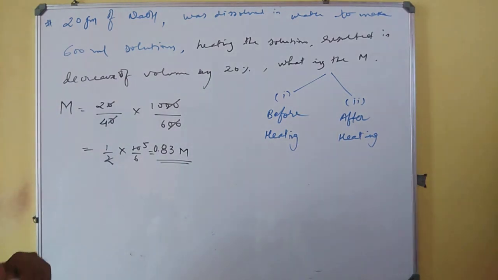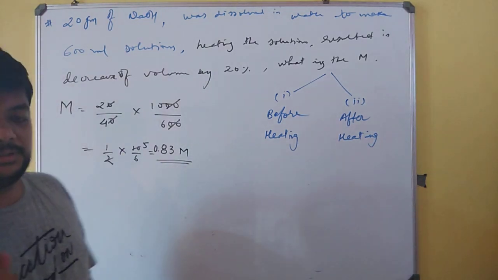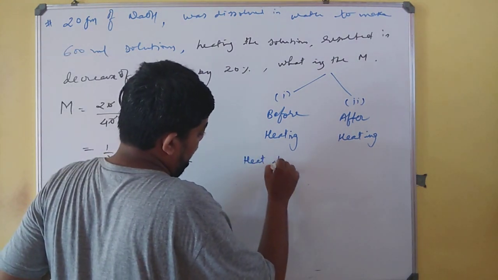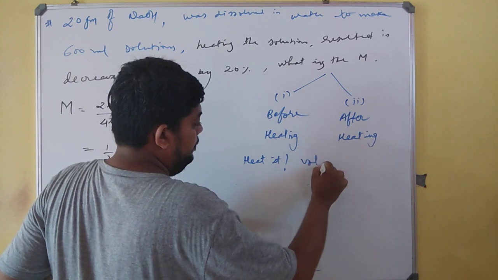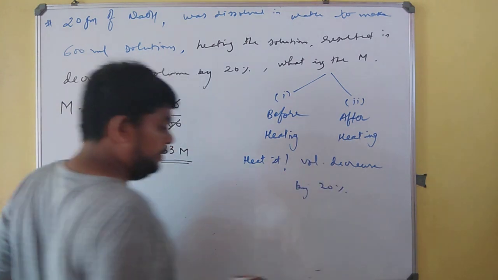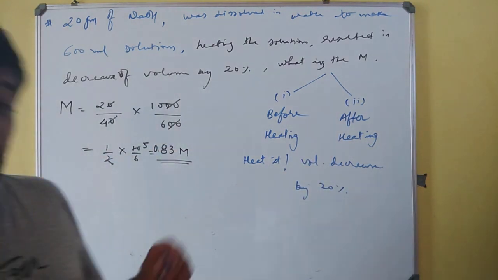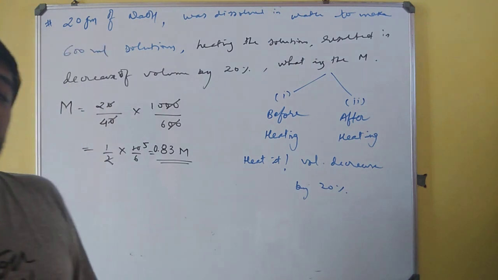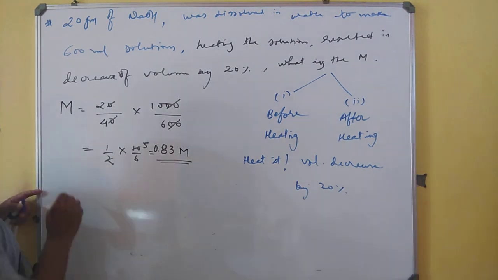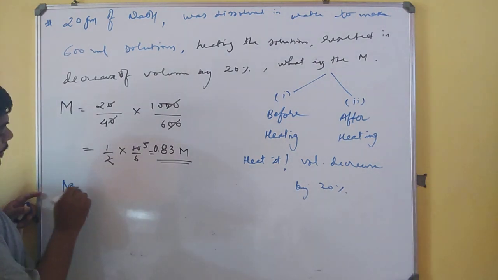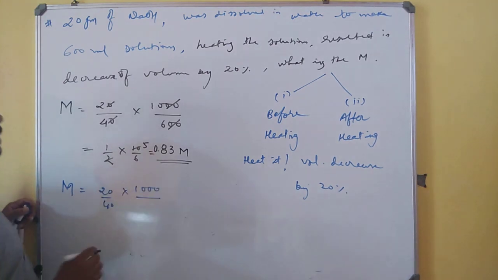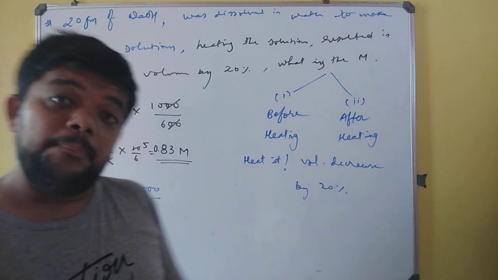Now what happens? The volume decreases by 20%. See, whenever you heat it and volume decreases by 20%, don't think about the decrease in quantity of solute, only think about the total decrease in volume of solution. Therefore, molarity again will be 20 divided by 40 into 1000 divided by 600 minus 20%.